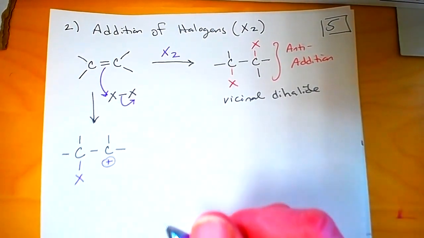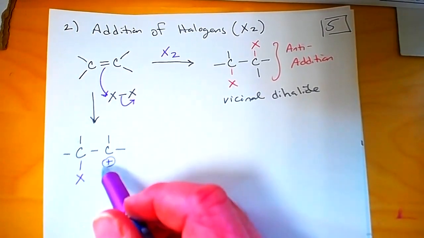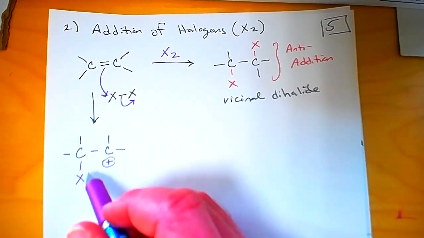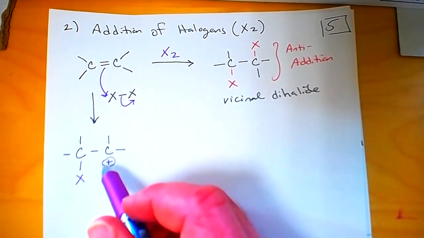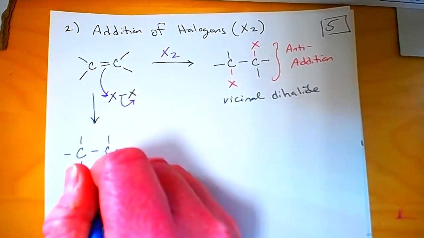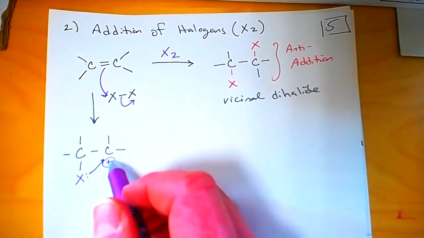positive charge. Now, this species right here, which I've drawn, is actually something that is believed to not really form very much at all. The reason is because the halogen itself is able to close down on this.